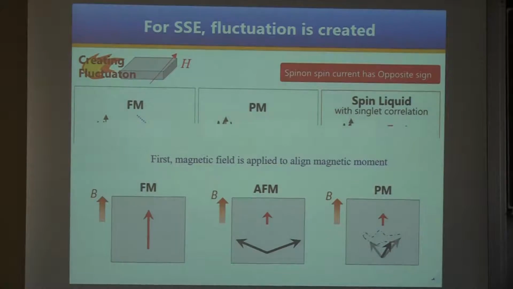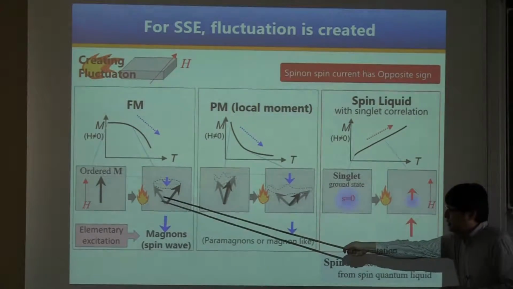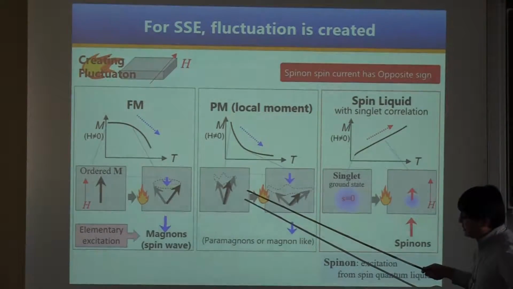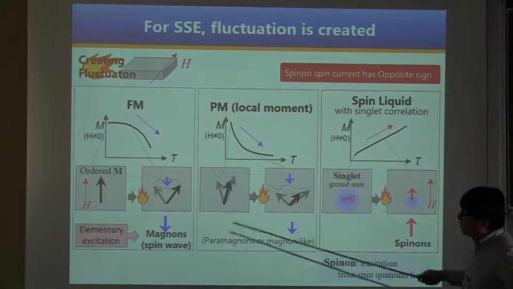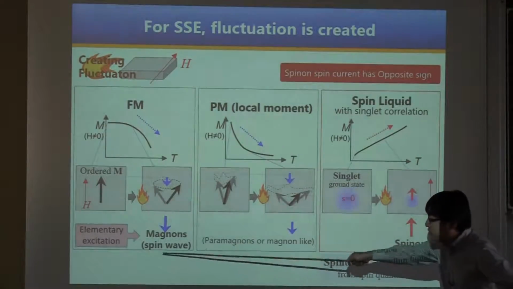In the case of ferromagnetic material, the ground state is a fully spin polarized ordered state. So when fluctuation is brought into the system, this fluctuation should reduce the magnetization. So the fluctuation has negative spin polarization, which is carried by spin waves.